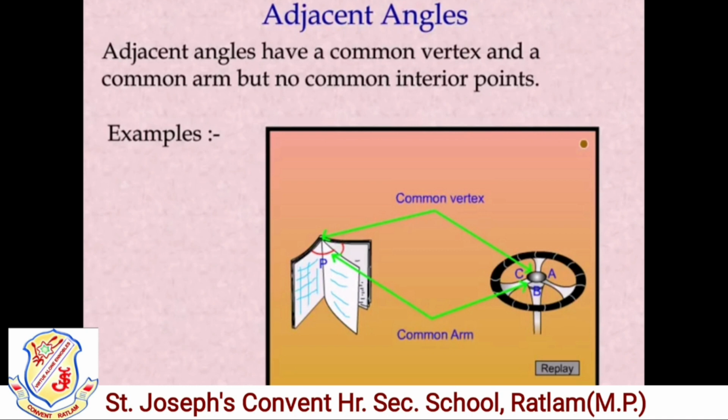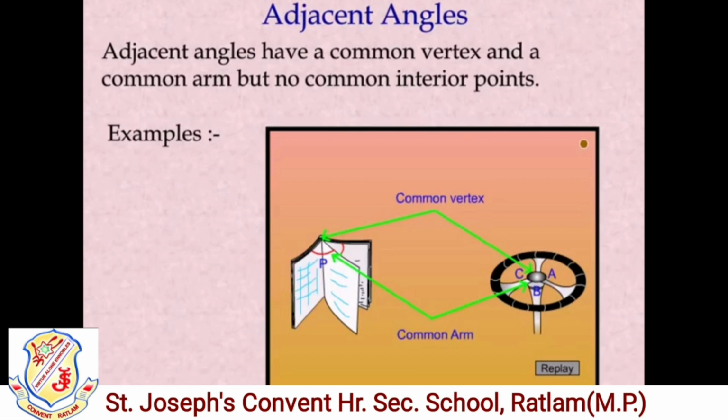Now we have the next angle, that is adjacent angles. Adjacent angles have a common vertex and a common arm. As you can see in this picture, this is a steering wheel of a car and a picture of a book. In the steering wheel picture, you can see three angles, A, B and C. All these three angles share a common vertex, the center.